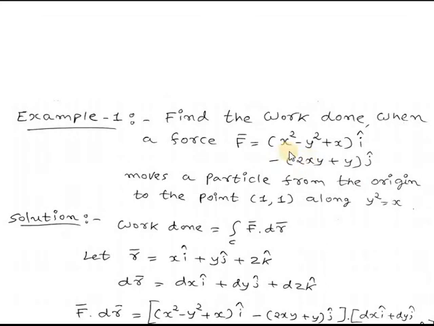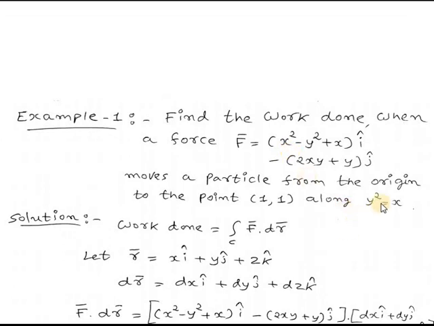Just find curl f bar, and if curl f bar is equal to 0 vector, then by the fundamental theorem of line integral we can say that the line integral is independent of path. So if you are getting curl f bar equal to 0 vector, then the line integral is independent of path. That means you will get the same answer for all paths.